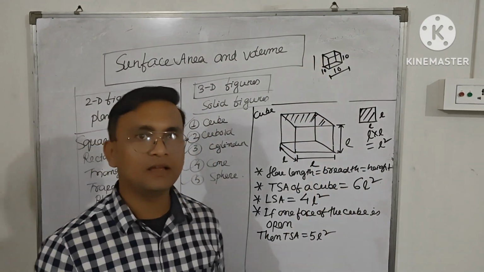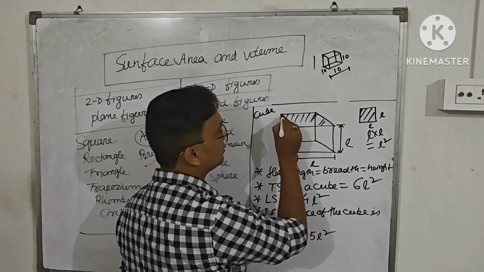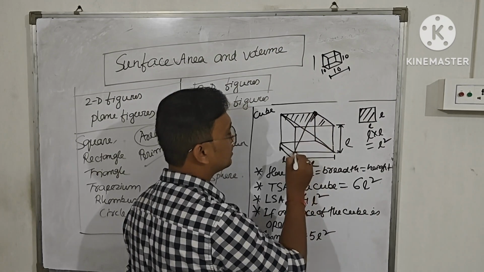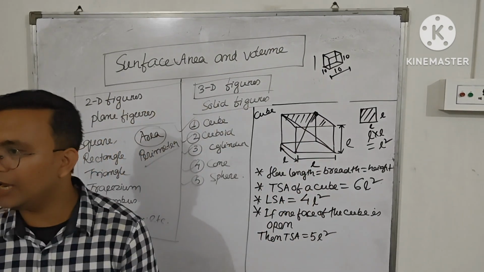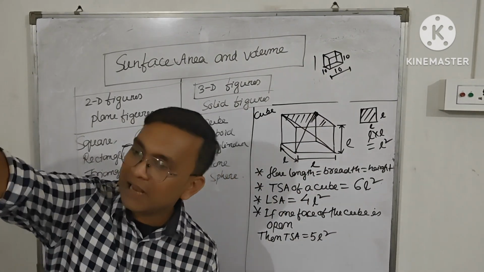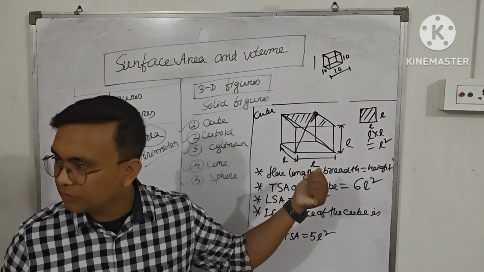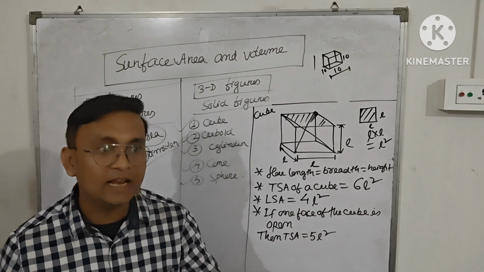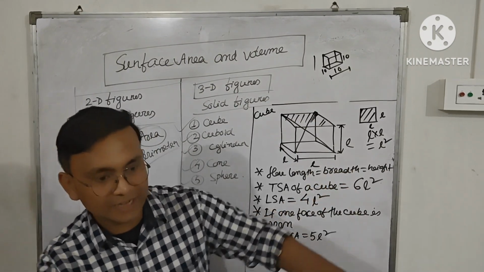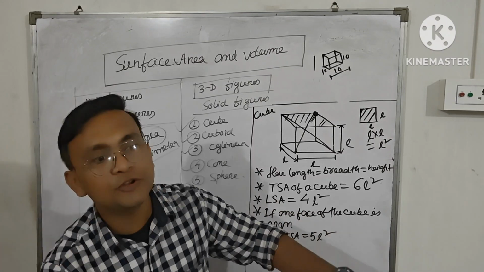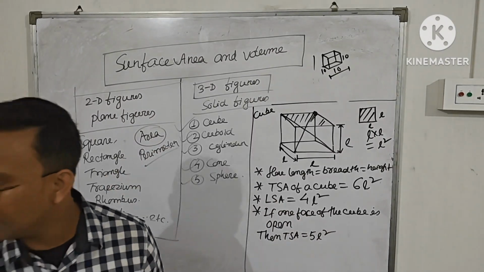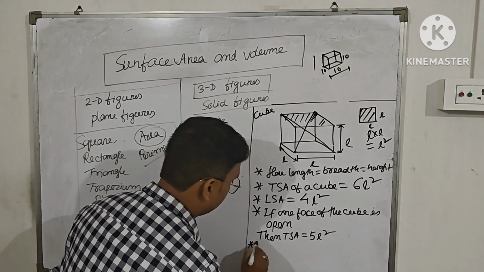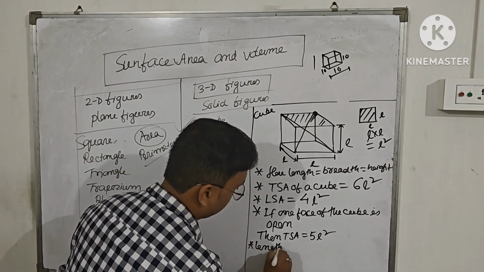But if I put a rod like this from this corner to this corner, it becomes a diagonal, and diagonal is the maximum length that exists inside the cube. So when we have to insert any ladder or any long object inside our room, we tilt it in diagonal position so that we can insert it easily. Understood?